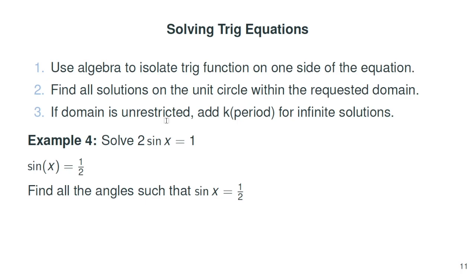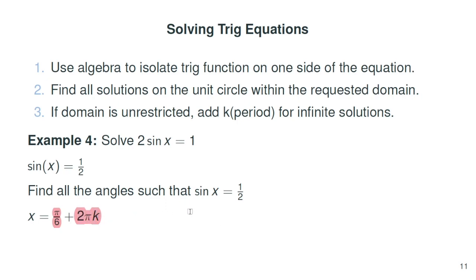In that case, we have an infinite number of answers, but we need to list those infinite answers. Well, from the unit circle, we know that sine pi over 6 is half. But then why do we add 2 pi k?